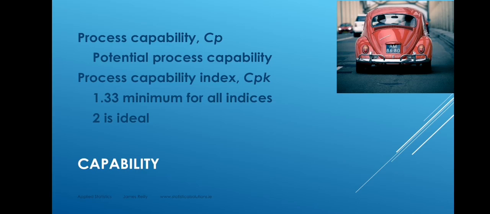And of course, we need that for small variations that may arise in the process. So this is called CP, the Process Capability Index. C for capability, P for process. So the capability of the process needs to be at least 1.33, or ideally it should be 2, which means the process is twice as wide as what is required.